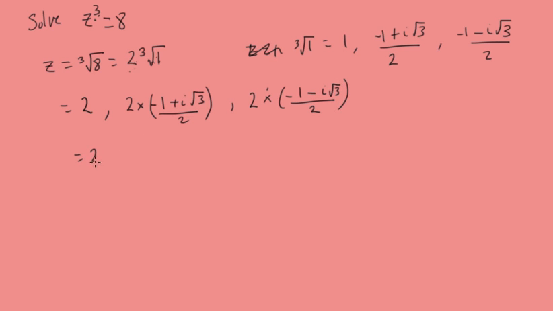So that just gives us 2, or minus 1 plus i root 3, or minus 1 minus i root 3. These are the 3 solutions. So I hope that helps.